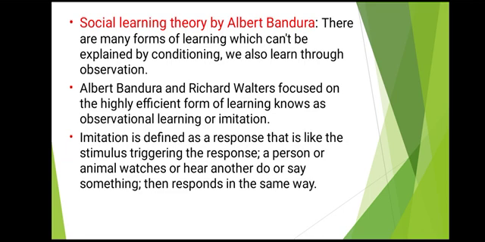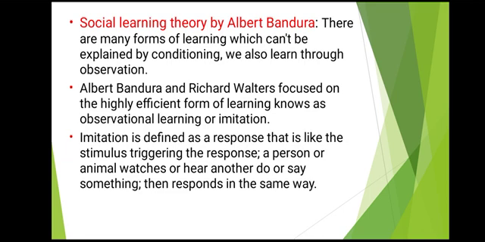Then insight learning theory says that we should let the person use their insight. First of all, put a situation in front of the person, then let them do trials and errors. After conducting some trials and errors, they will be able to use their insight in a different form. Then the next is Tolman's sign learning theory.